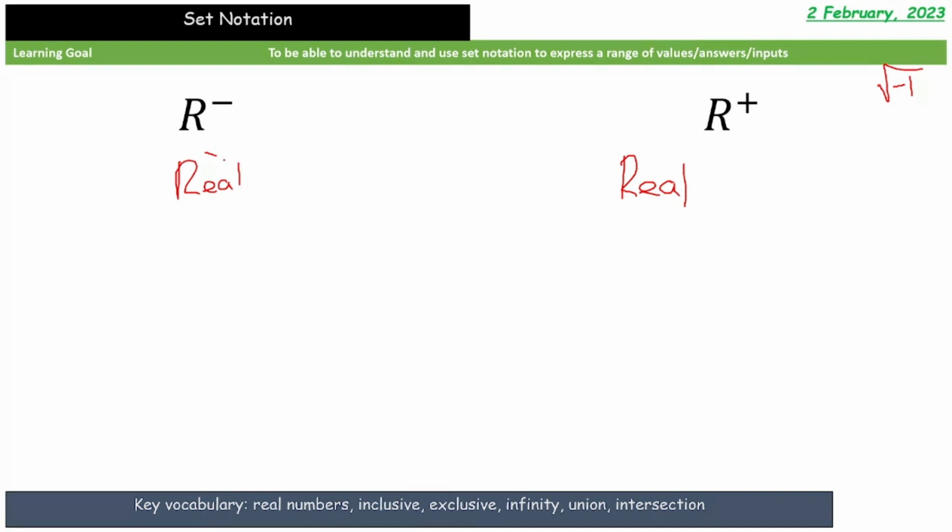It's quite simple, but very useful when you're expressing, and I'll show you as we go through the next couple of things, because it really matters when we're expressing real numbers, because we can say it means all real numbers, or in this case, real positive and real negative. Okay, so that's our first set of pieces of notation. Very simple.